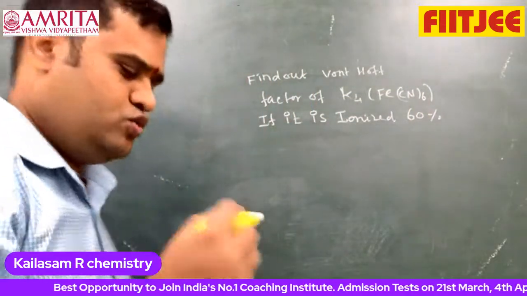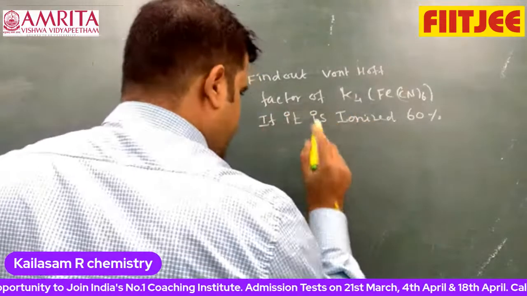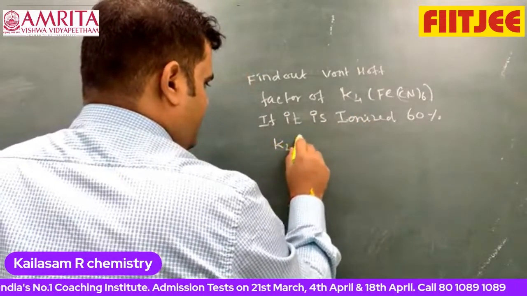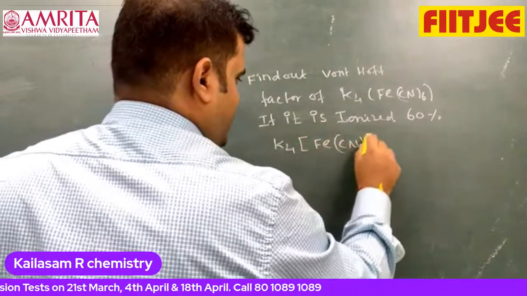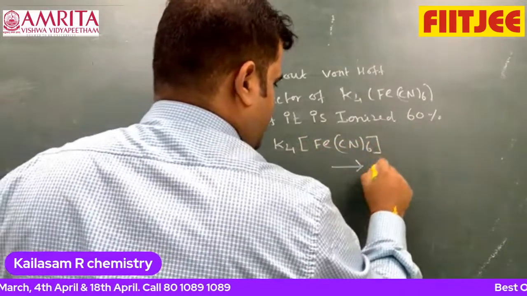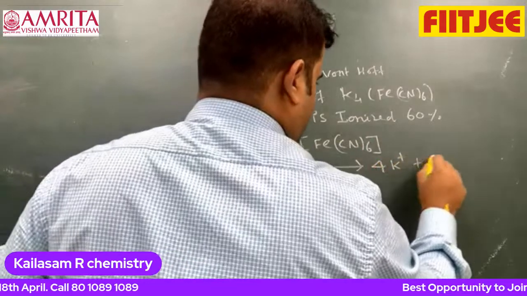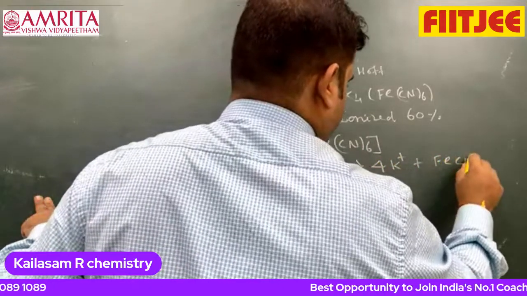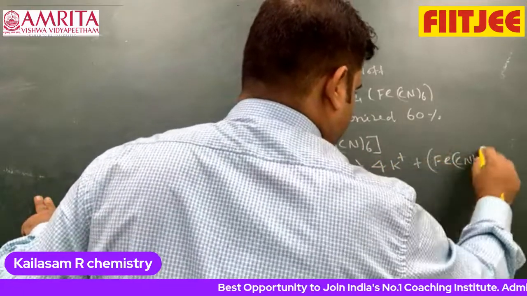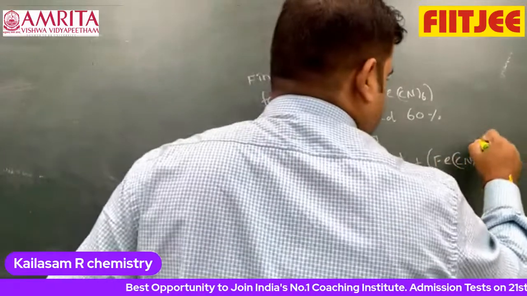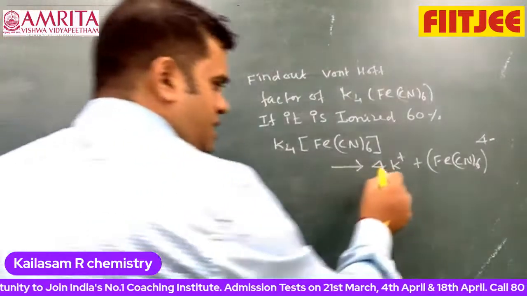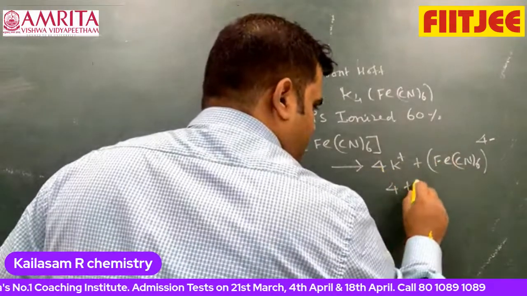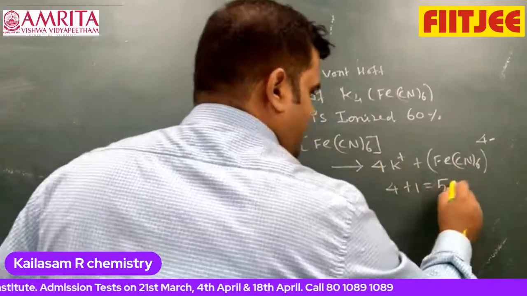Look at this: K4[Fe(CN)6] gives 4 K plus and [Fe(CN)6] 4 minus. So the number of ions is 4 plus 1, equal to 5, which is n.